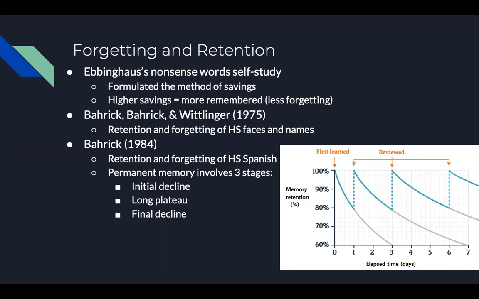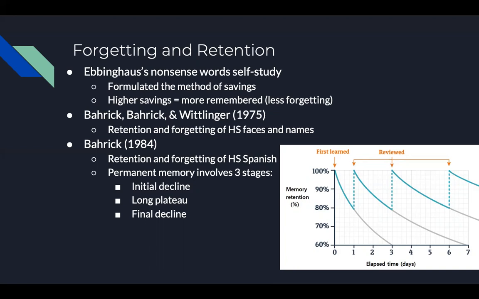Ebbinghaus would then look back at the original list and re-memorize it again until he knew it perfectly. So he was re-practicing. Let's say that this might take 7 minutes or so for him to relearn not only the words he already knew on the list, but the words that he had forgotten. So he found that he always spent less time rememorizing the list.